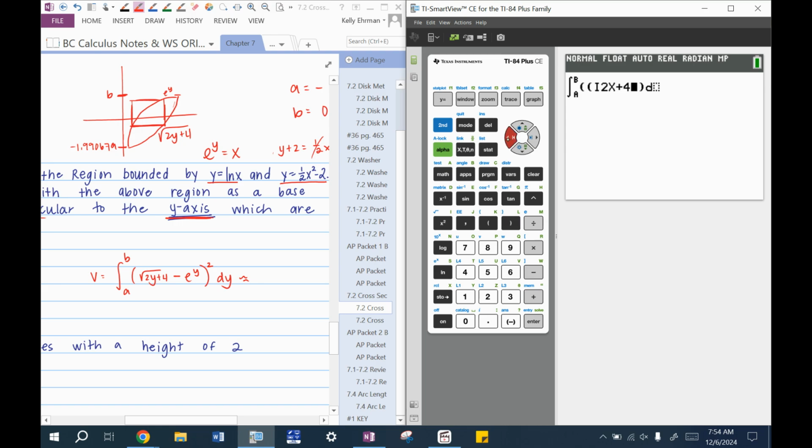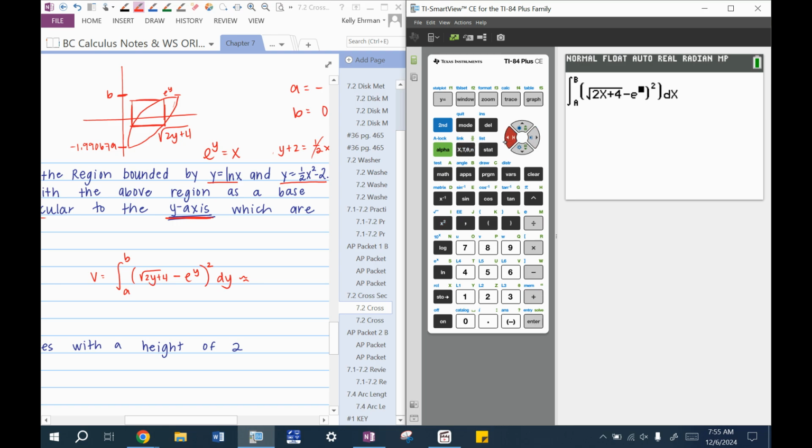Whoa, what? Where did that come from? I must have hit alpha second. Second square root. There we go. 2x plus 4 minus e to the x, parentheses, squared, dx.